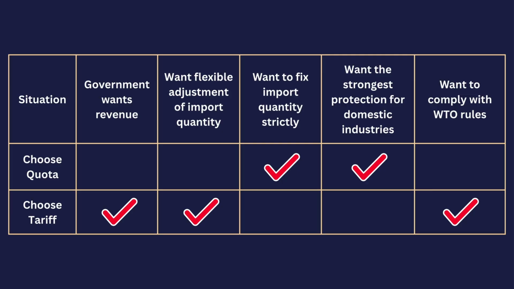If the government wants to fix import quantity strictly, it will choose quota. If the government wants the strongest protection for domestic industries, it will choose quota. Quota does not comply with WTO rules. So if the government wants to comply with WTO rules, it will choose tariff.